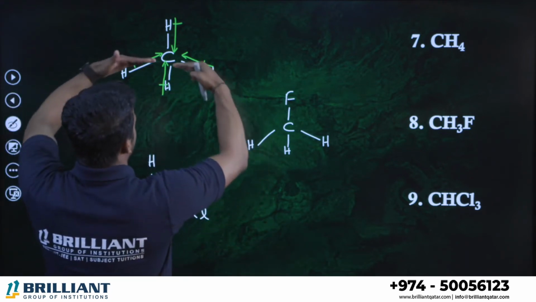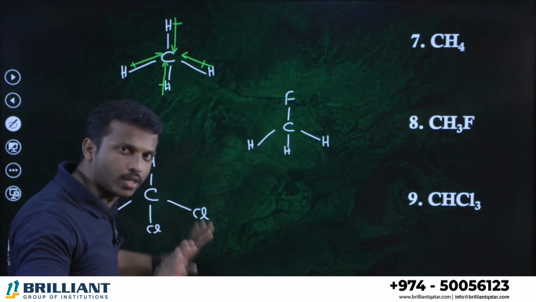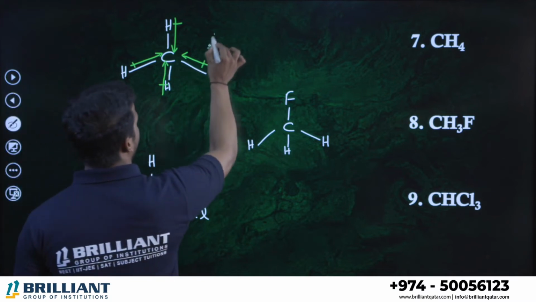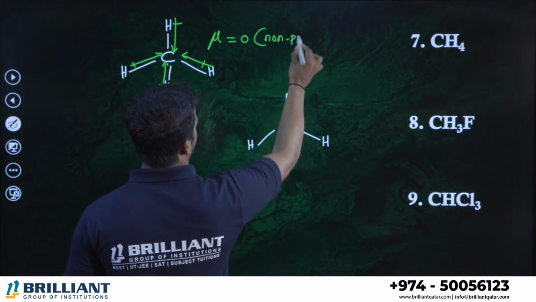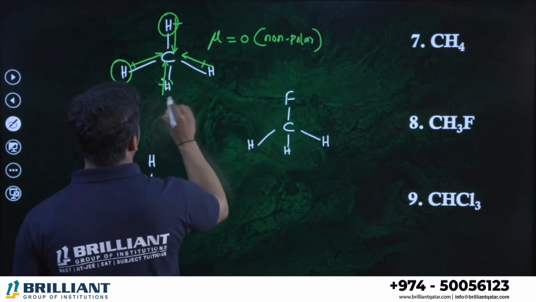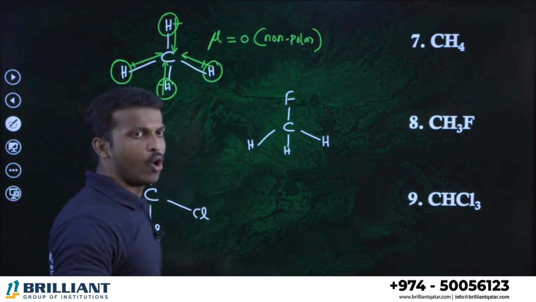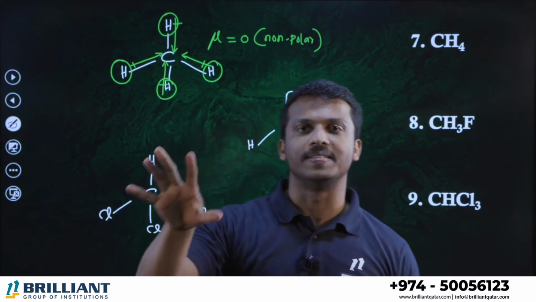These hydrogens are pulling like this, and all of them will cancel each other. In tetrahedral geometry, the dipole moment is 0. Therefore, the compound is non-polar when all the surrounding elements are the same. In a tetrahedral geometry, if all the surrounding species are similar, the dipole moment will be 0.